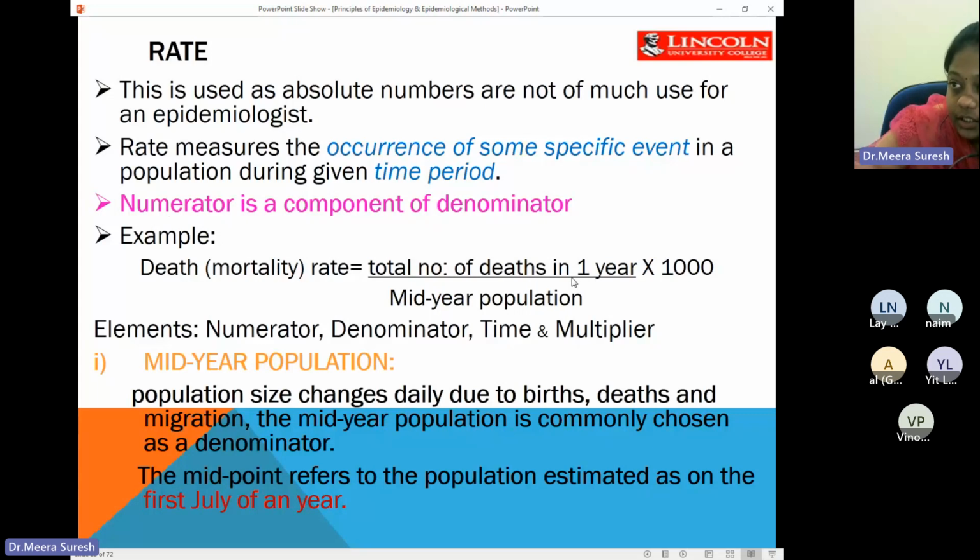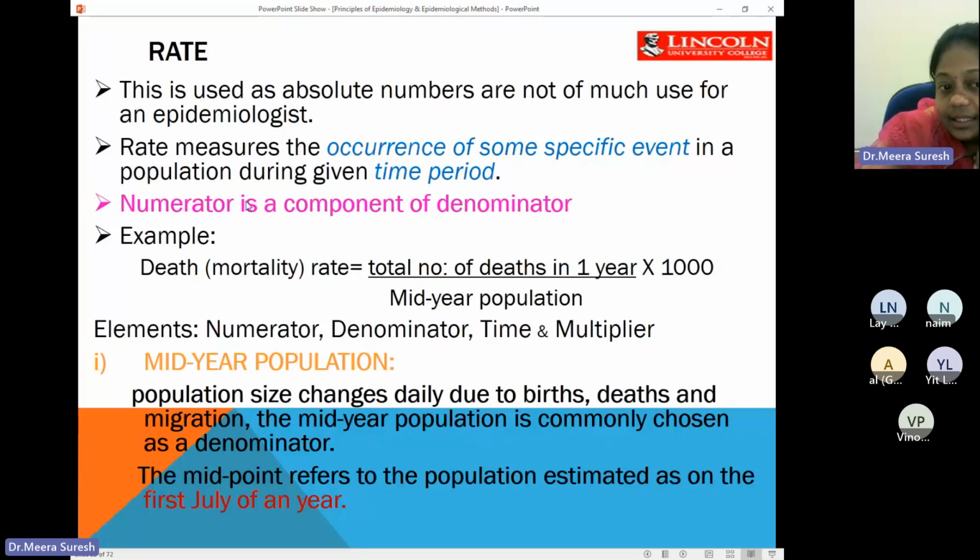That numerator consists of people who have died, and this numerator is actually a part of the denominator. The people who died belonged to the mid-year population. Those people, the numerator, didn't come from space or somewhere else. They are actually a part of the denominator.